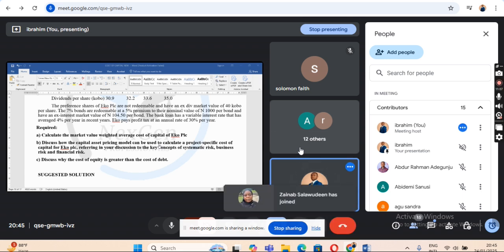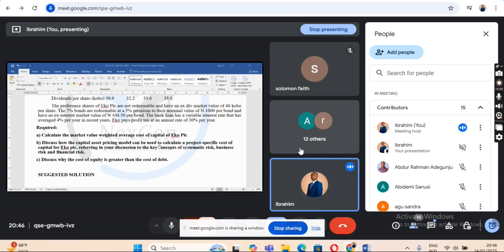Discuss how the project-specific cost of capital is used when a company wants to diversify. We'll get there; I will not touch that part. I may explain systematic risk, business risk, as well as financial risk, and these are little marks, maybe 5 marks or 2 or 3 marks.